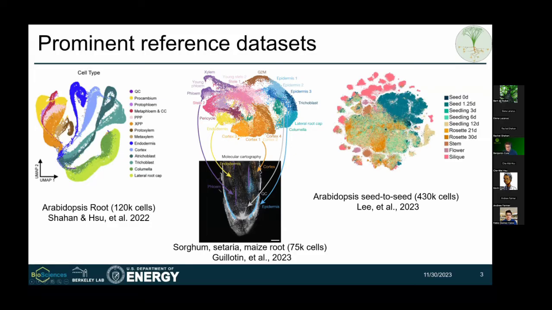More recently, Ken Birnbaum's group has generated a grass atlas that encompasses 3 different grass species, which are historically more challenging to work with, but they did a fantastic job annotating root cell types in a clever way across all of these species. And then there's this tour de force from Joe Ecker's group that followed Arabidopsis development from seed to seed, generating an absolutely massive data set of over 800,000 pre-processed cells and 430,000 so-called high-quality cells that will be a really nice resource for the plant community moving forward.